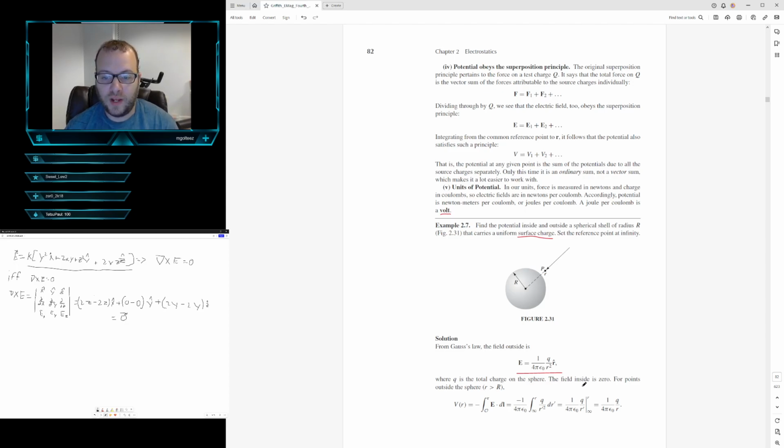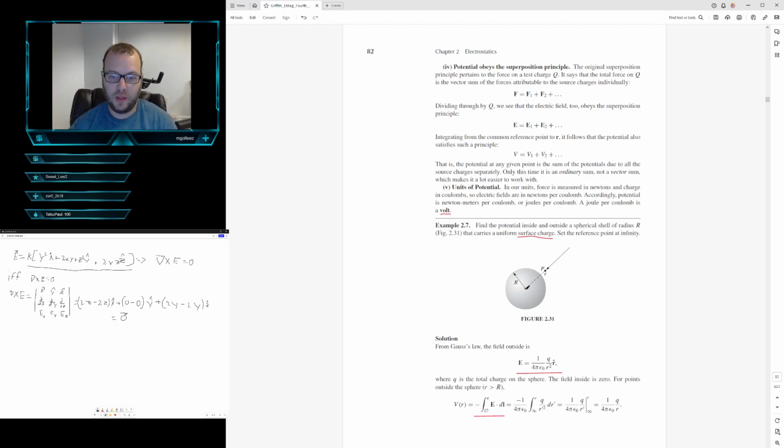So we want to find the potential at points outside the sphere. We write the potential as the integral of E dot dl. We simply have some path that we need to take.